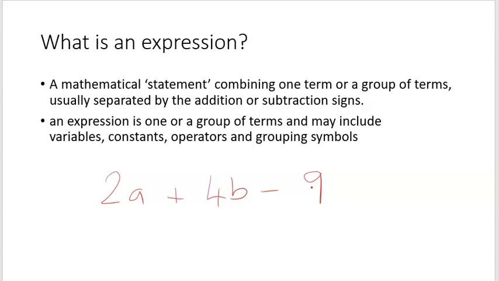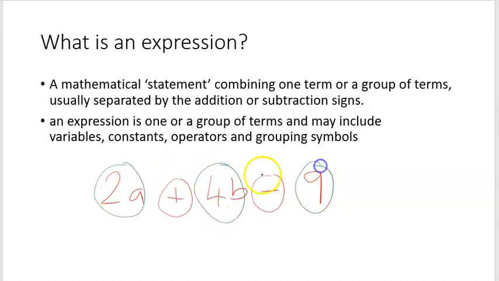It says one term or a group of terms. Well, we know that there's more than one term here because there's your addition sign, there's your subtraction sign. So we know that this is a term, this is a term, and this is a term. So there's 3 terms in that expression, in that mathematical statement. It also says we can use variables. So we've got variables here and here.